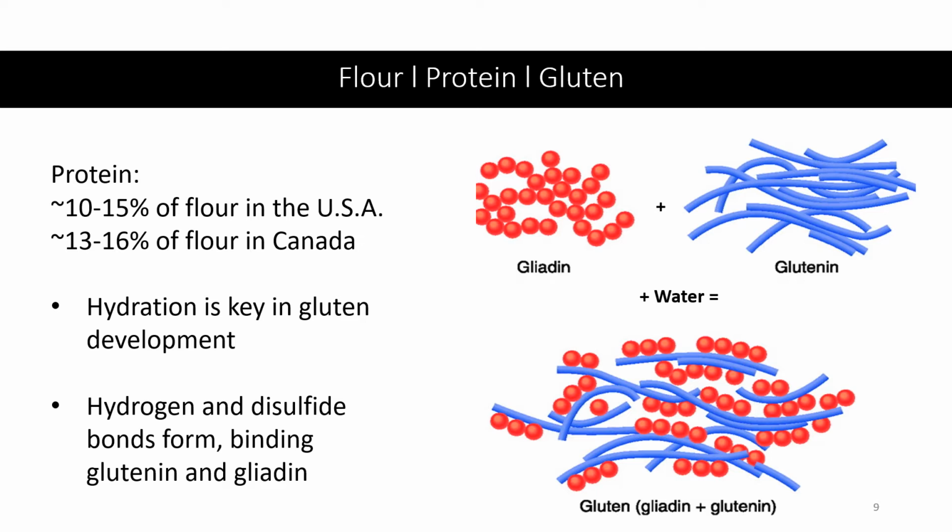Technically flour does not contain gluten; it contains the building blocks for gluten. Those two building blocks combine usually via hydration, which means just adding water. That water helps these two components join together with hydrogen and disulfide bonds and stick together in a line, which helps build strength and structure within the bread.